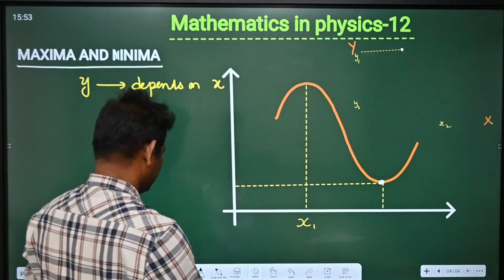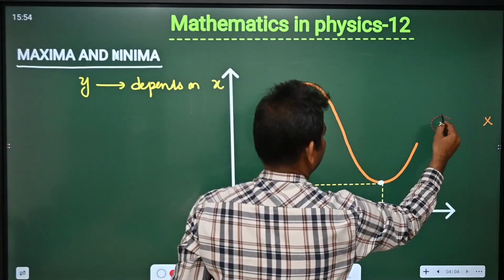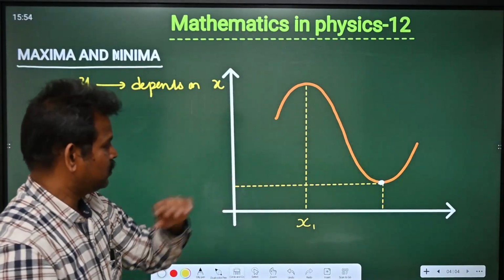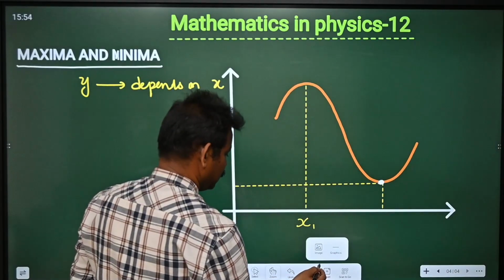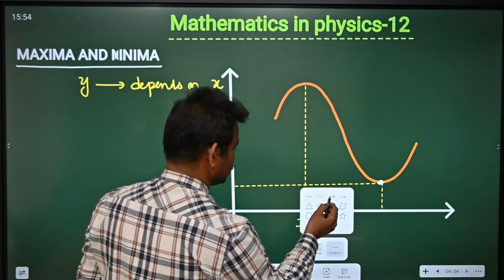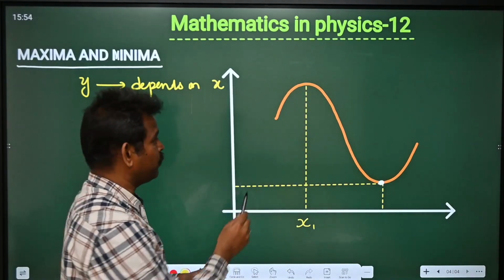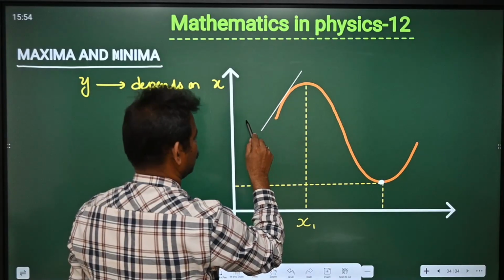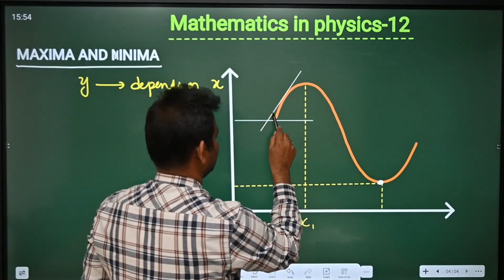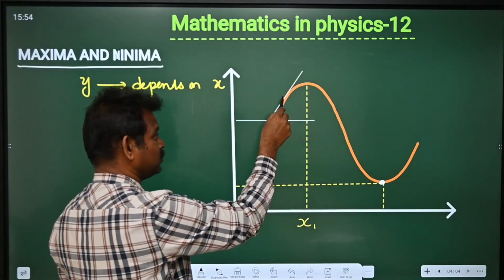In this diagram, if you take the slope of this curve, here we want to find out the slope of this curve. Here this is the slope, and if you draw a line here, this is the slope at this point.